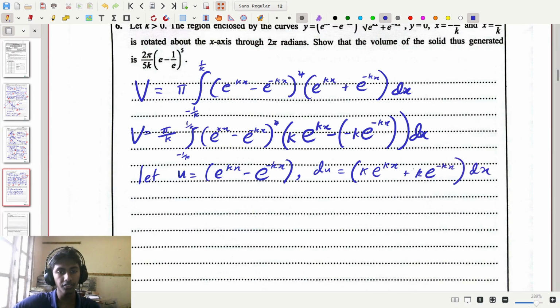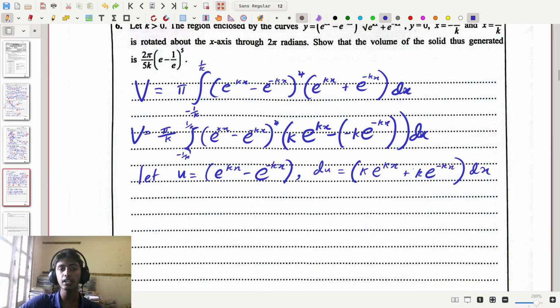So now we can see, if we were to substitute u for this thing here and then get u to the power of 4 for this term here, the rest of it, this whole bit, would turn into simply du. Now, before we can do the substitution, there's one more thing we need to do, and that's to work out the limits.